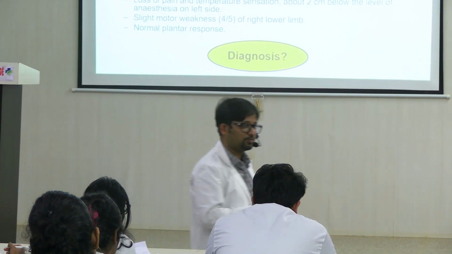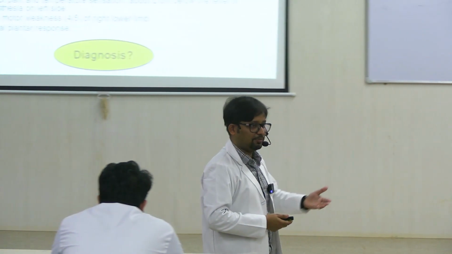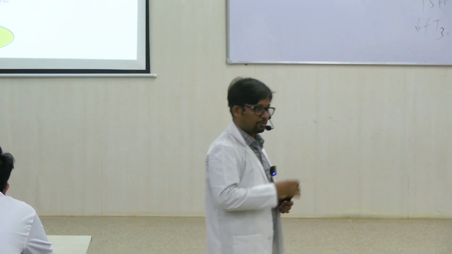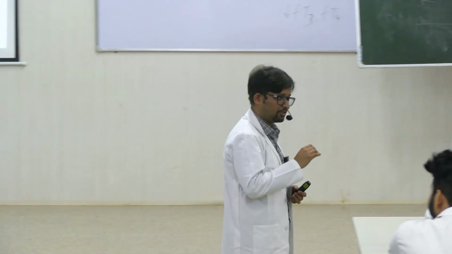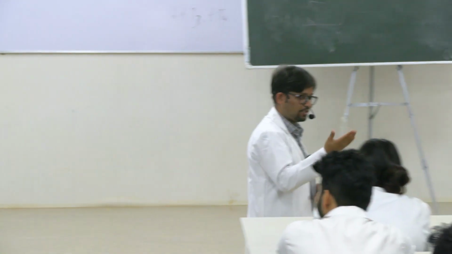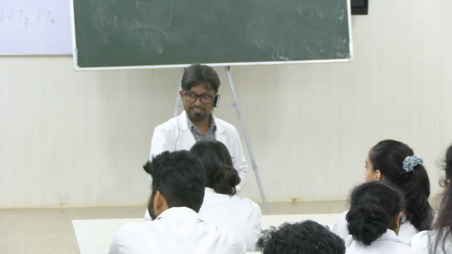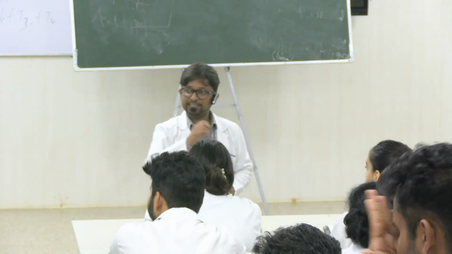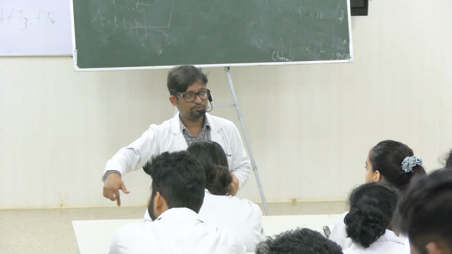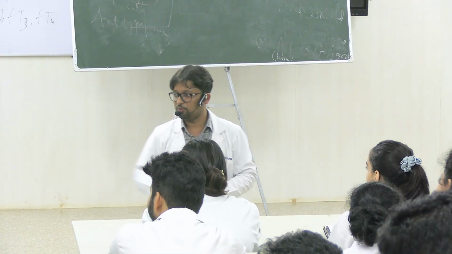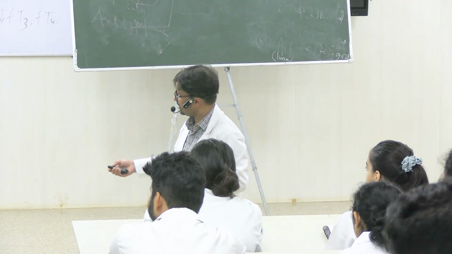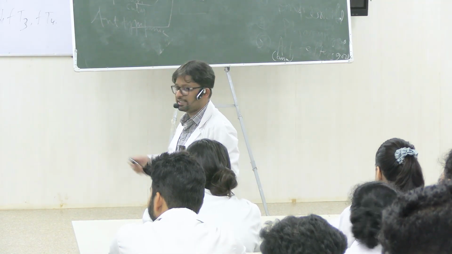You understand this or not? If there is a lesion in the left side of the spinal cord, the pain-carrying fibers that are affected by the hemisection or injury are carrying sensations from the opposite half of the body, from the right lower part of the body. And what is the reason that this is 2 centimeters below?